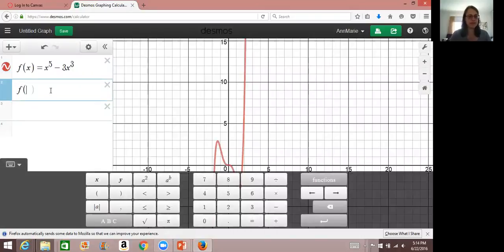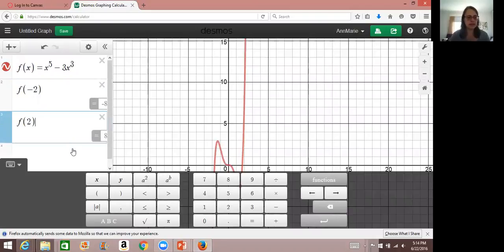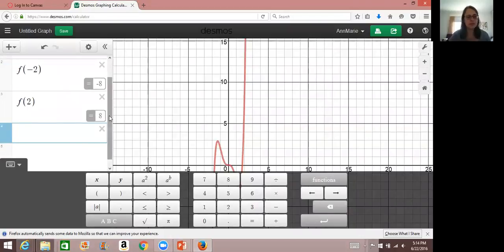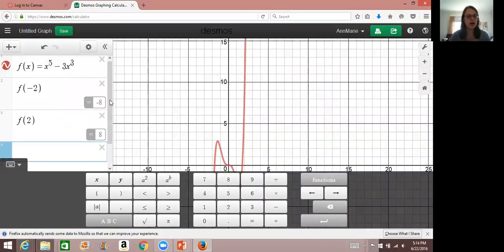So let's see what f of negative 2 is. F of negative 2 is negative 8. F of 2 is 8. So what I've done is I've replaced all of my x's with negative x's, and I got the negative of my function. Does that make sense? It's not good enough to just check it for one number. You actually have to do the arithmetic.